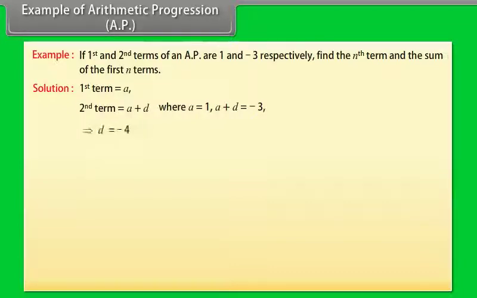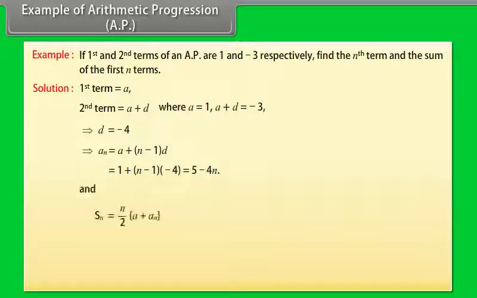It implies D is equal to minus 4. It implies An is equal to A plus n minus 1 into D, which is 1 plus n minus 1 into minus 4, which is equal to 5 minus 4n.